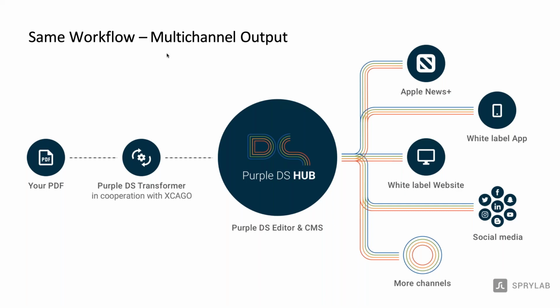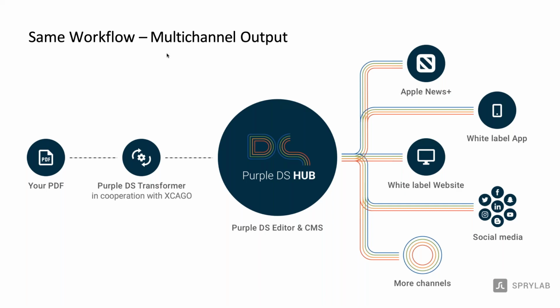Okay, Jörg, the question I had before here on my screen was if these animations can be reused in the app and the website as well. Yes, absolutely. This is what Stefan also tried to show. The hub is a channel-neutral editorial software where we have connected a couple of channels.